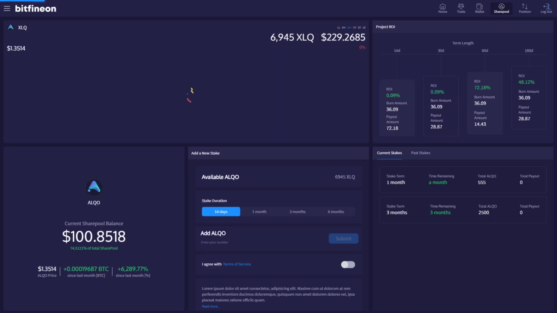Let's move on to the share pool here. So the share pool is our native cryptocurrency profit sharing feature. We call it the share pool because we're sharing in the pool of profits that we're collecting from all of the trading fees that Bitfineon generates from trading activity and volume on our platform. Okay, so this is pretty cool.